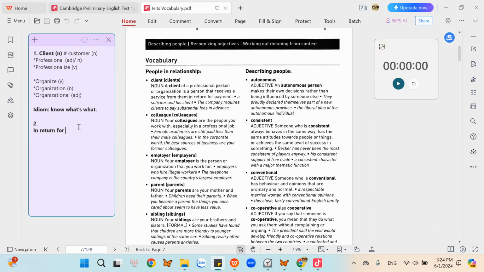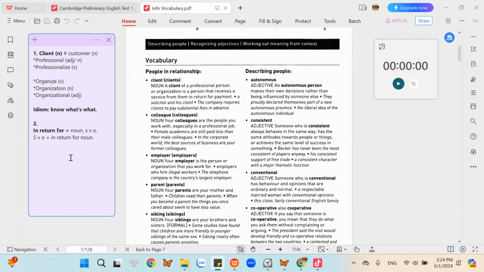"In return for" can be used at the beginning of a sentence. And you can see the word "for"; after "for" we need to use a noun in English. So it can be used at the beginning or at the end of the sentence, it depends on you.